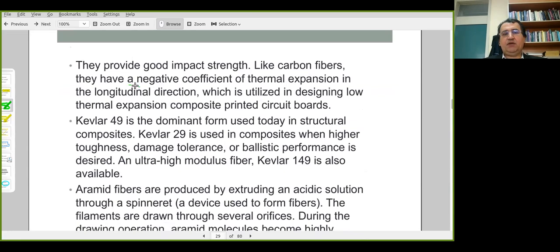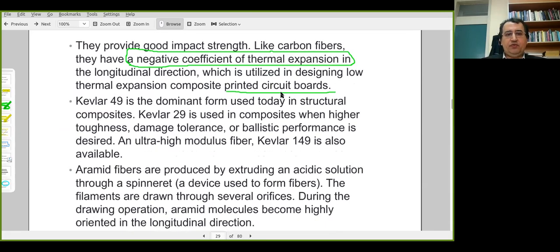Some of them might have a negative coefficient of thermal expansion in the longitudinal direction. This will help design structures with minimal thermal expansion coefficients in certain directions. And this is applied for printed circuit boards, actually.